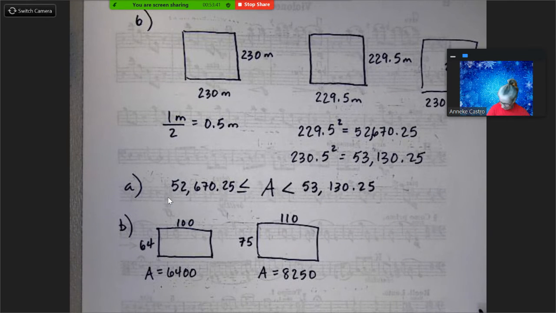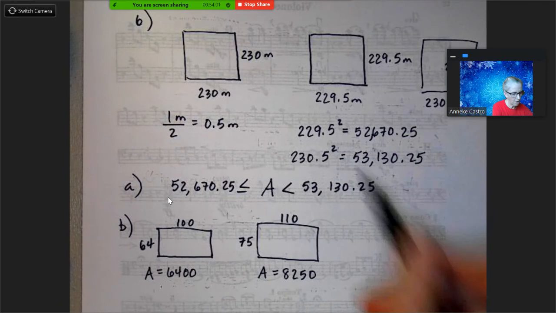Now, find the upper and lower bounds for the number of football pitches that fit into the base area of the Cheops pyramid, I hope that's how you say it. What we want to do is look at both of these numbers.